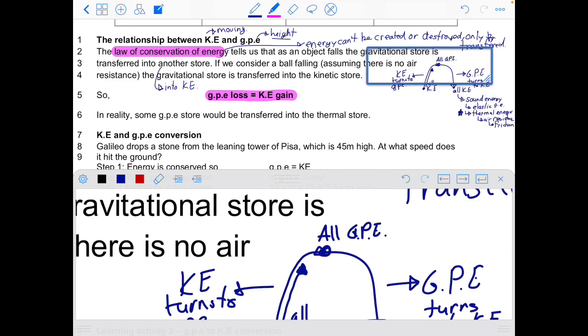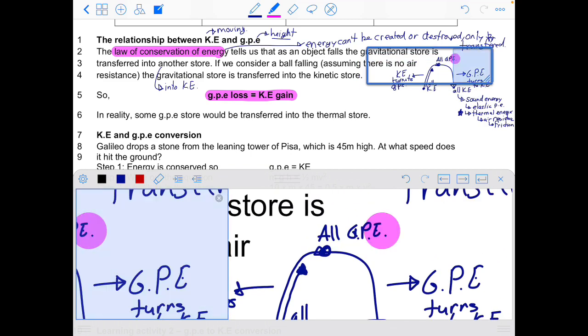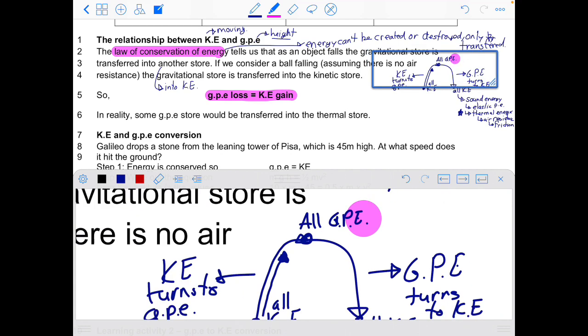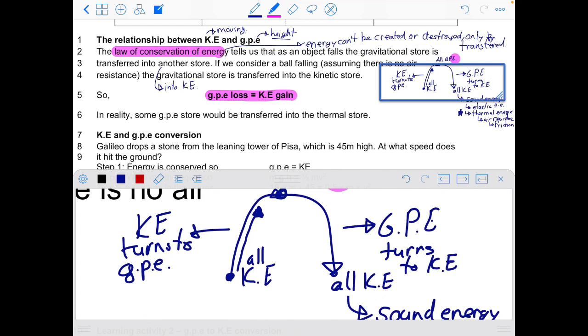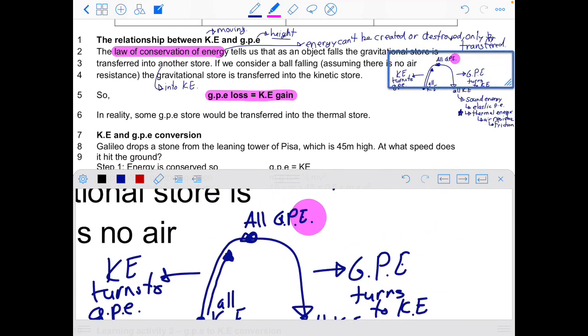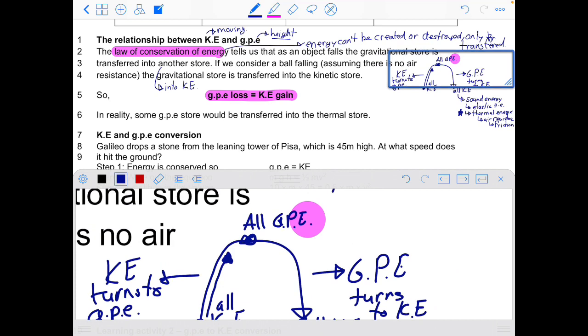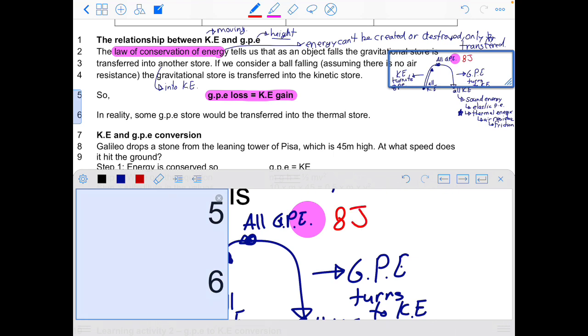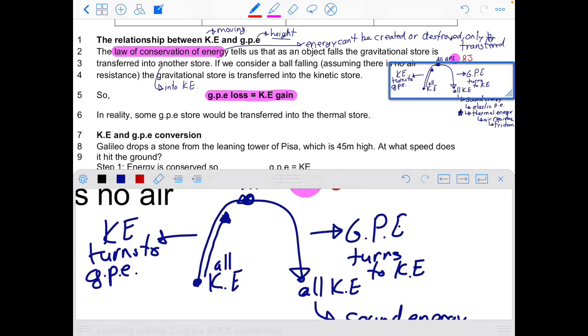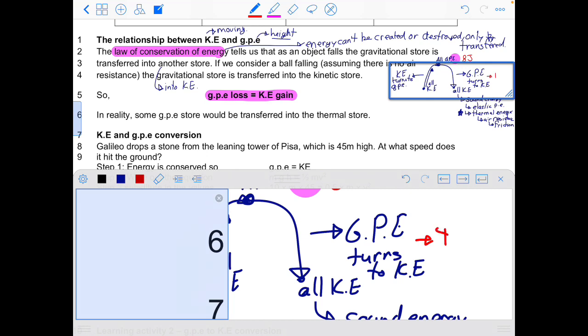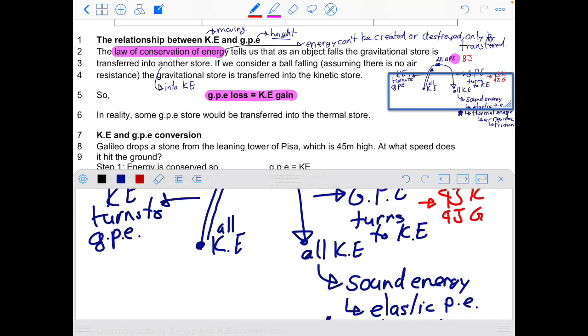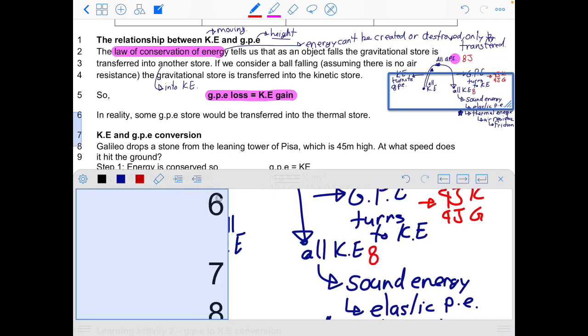So this is just as it comes down. It has all gravitational potential energy here. As it comes down, it's losing its gravitational potential energy and it turns to kinetic energy. But let's say it had 8 joules of gravitational potential energy here, halfway down, it might have 4 joules of kinetic energy and 4 joules of gravitational potential energy. By the time we get to the bottom, we now have 8 joules left of kinetic energy.